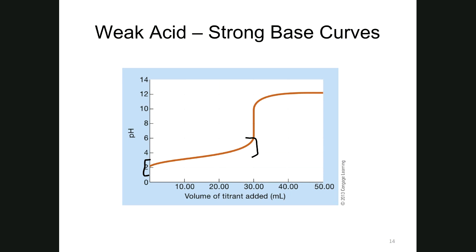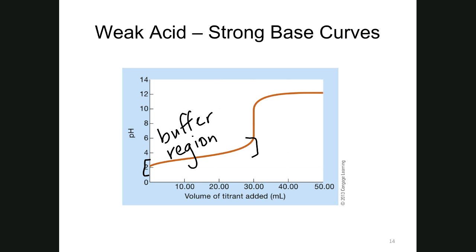So that's a much bigger range that we're traveling up before we get to our equivalence point. This region is called the buffer region, because at this point, you've added strong base to create the conjugate base of the weak acid. So now we have a weak acid and its conjugate base, which is a buffer. So we're creating a buffer at that point.